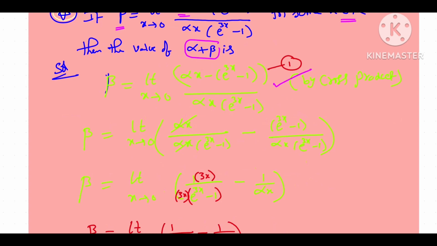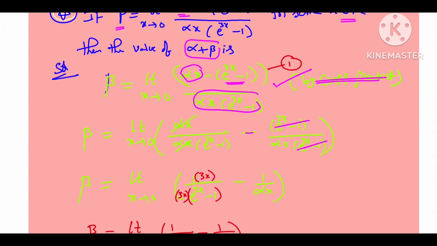Okay, now limit x tends to 0. Now do individual division by the denominator, right? Alpha x by alpha x into e power 3x minus 1, minus e power 3x minus 1 by the denominator. Here e power 3x minus 1 gets cancelled, as well as alpha x.